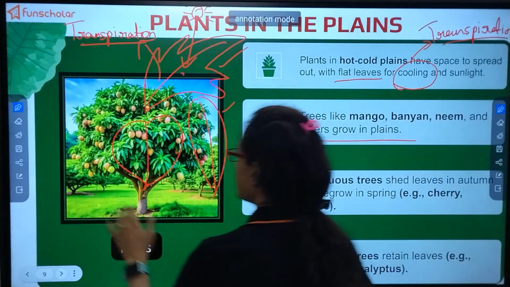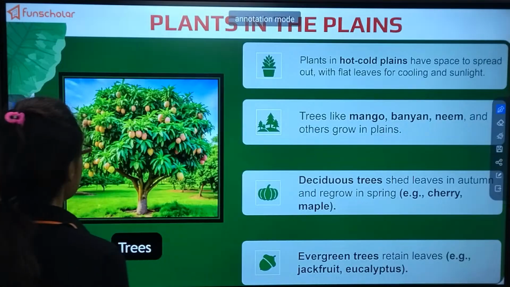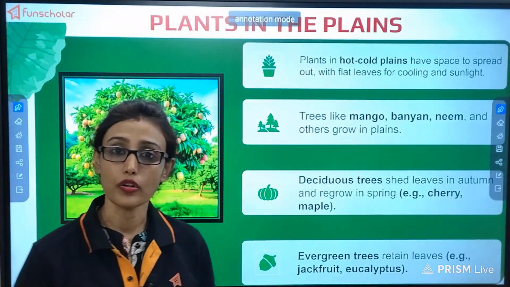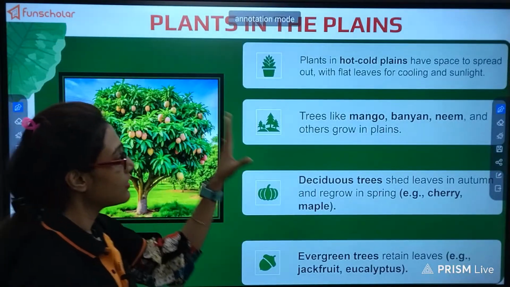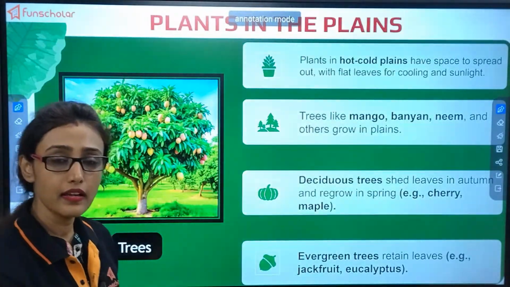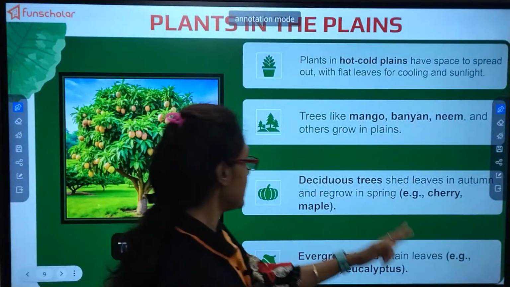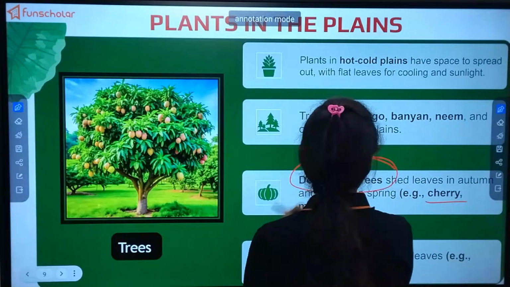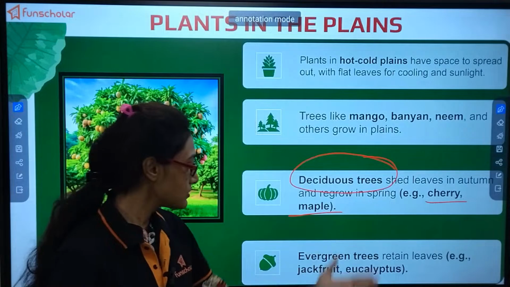Another important feature. There are some trees which shed their leaves during the autumn season. Why? To protect themselves from the upcoming winter, and during spring they again form leaves. Such examples are cherry and maple, and the trees which shed their leaves are known as deciduous plants or deciduous trees.